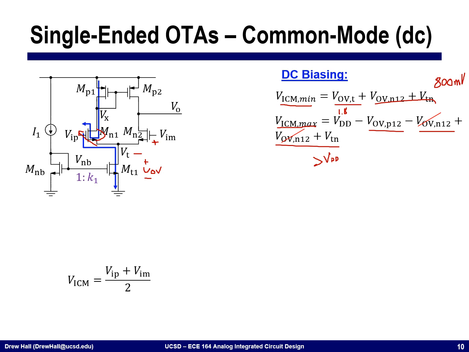This says that I can sense what's called above the rail. Where rail is typically a slang kind of word in integrated circuit design for the supply voltage. So when we're saying above the rail, that means above the supply voltage of VDD.